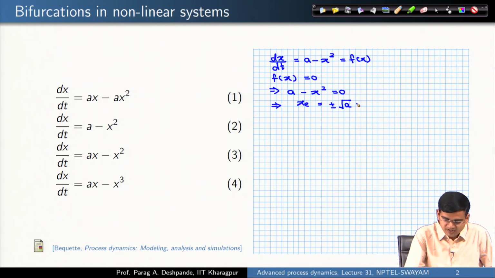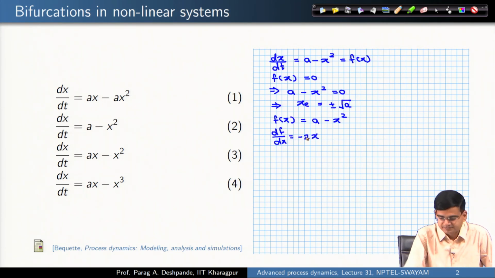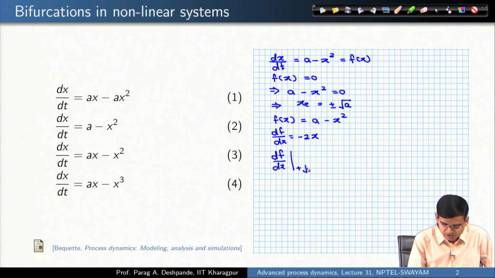So, let me write here f of x is equal to a minus x squared, from where I get df by dx is equal to minus 2x, right. So, from here, df by dx at plus root a is equal to what?